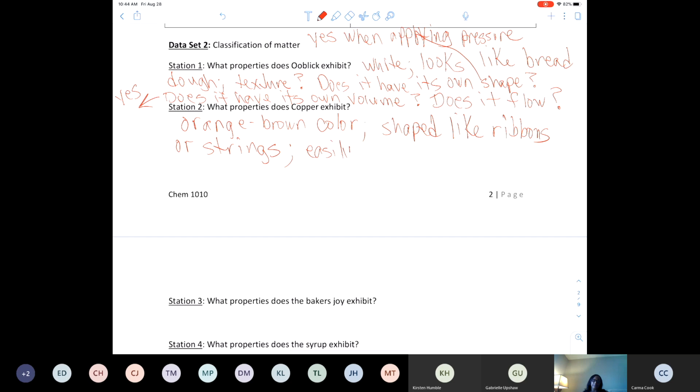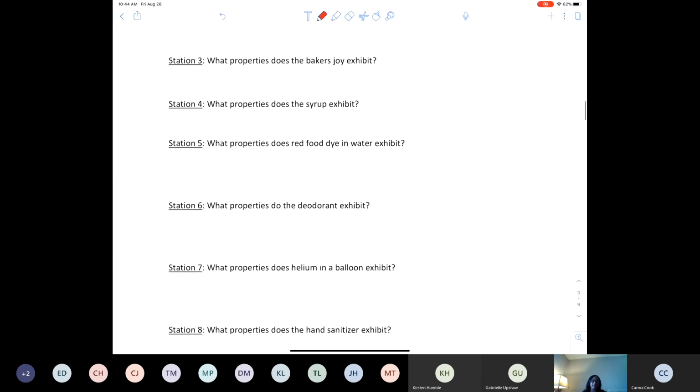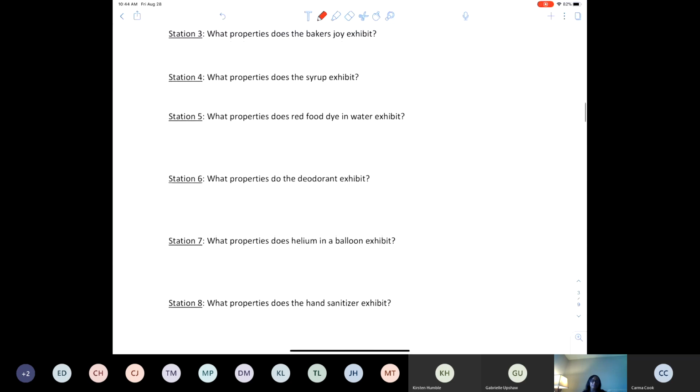It was easily shaped and bent. And also has its own volume. So these are some examples of how you can describe the properties of each of the substances that you observed.